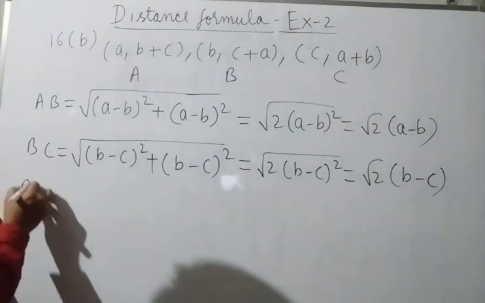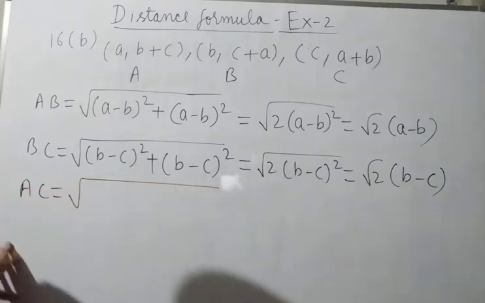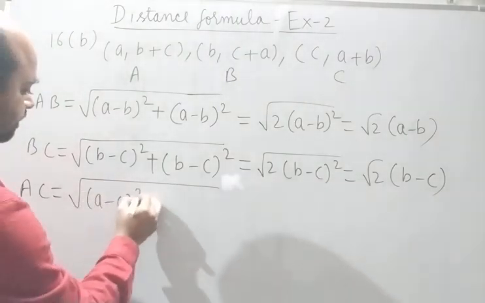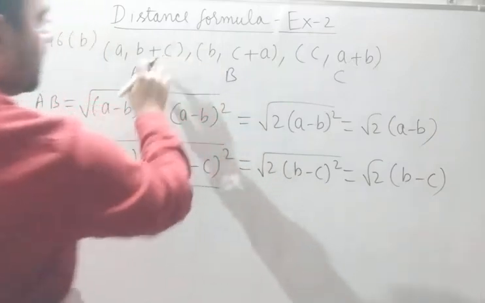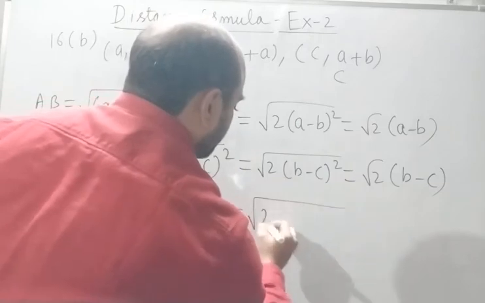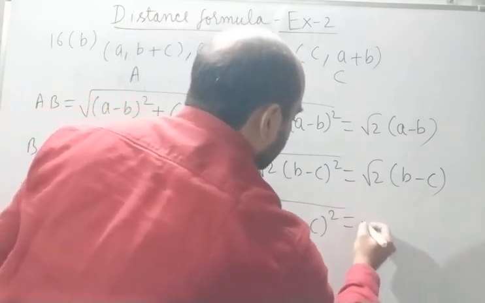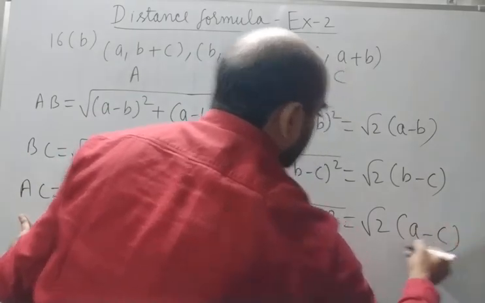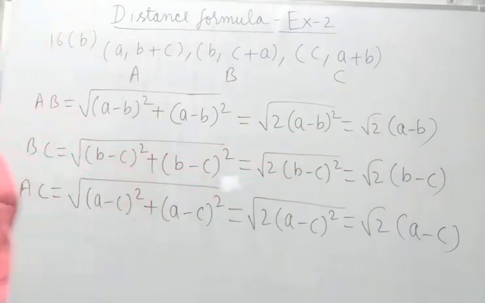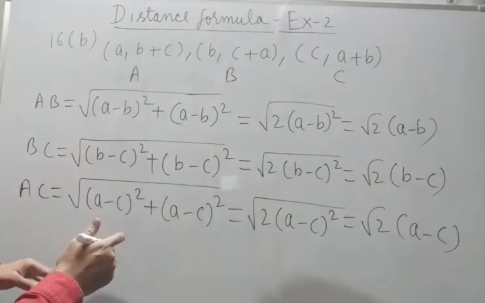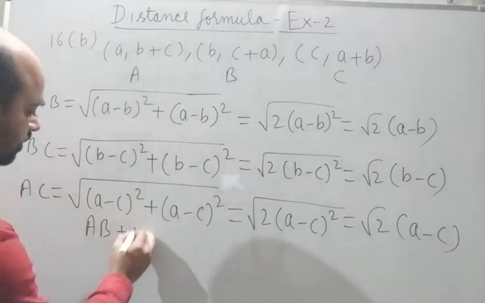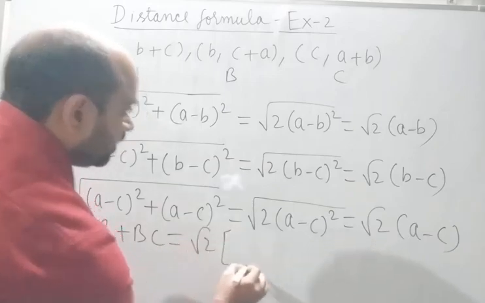Similarly, last one AC. AC will be (A minus C) whole square plus (A plus B minus C minus B), that will give (A minus C) whole square. It means root 2 (A minus C). Correct? So for the collinearity, the sum of 2 must be equal to the third one. So if we add AB plus BC, root 2 is common in both.